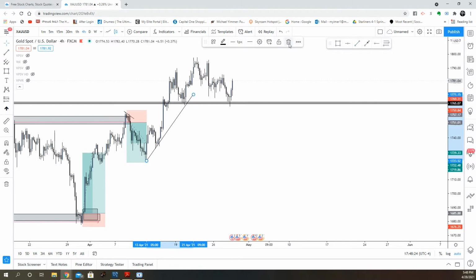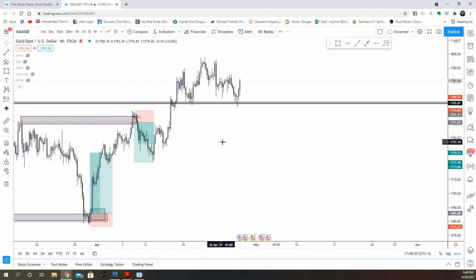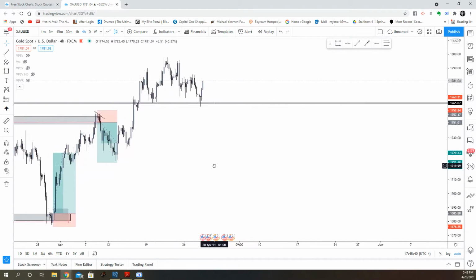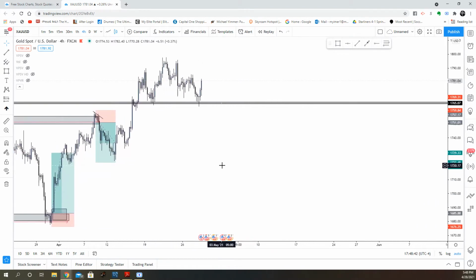So only looking for buys. Not only, but I mean you can counter trade, but the easiest way to trade this is just buys. You can also do counter trend if you want to risk more. Yeah, you can do counter trade.